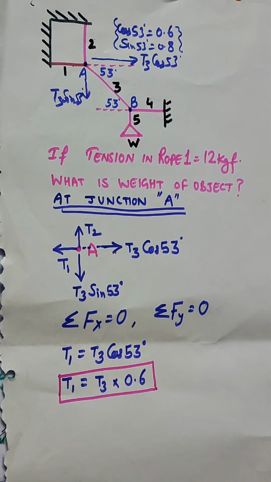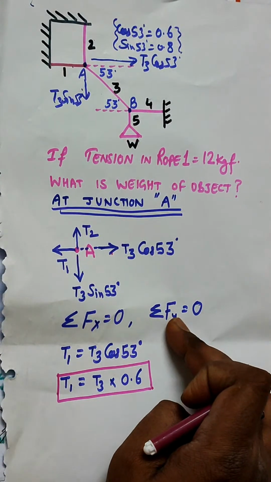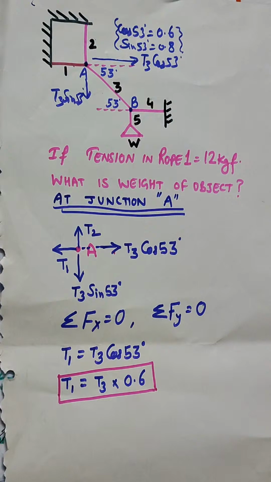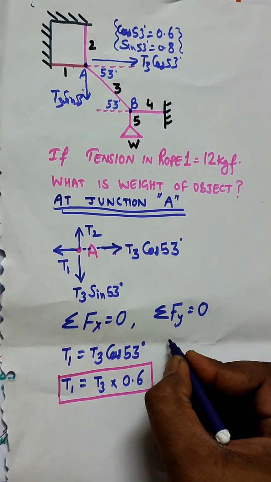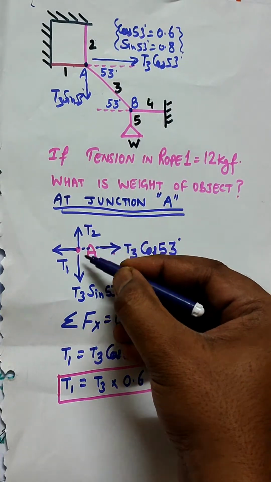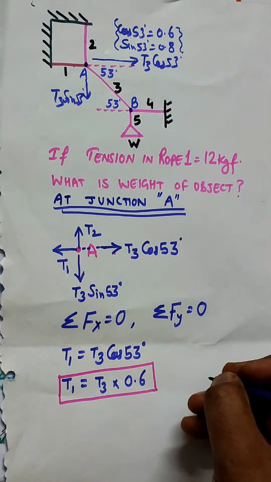Now going to the y component. When you compare the y components, T2, which is acting upward here, is equal to T3 sin 53.